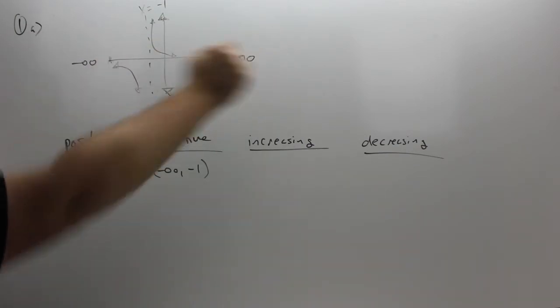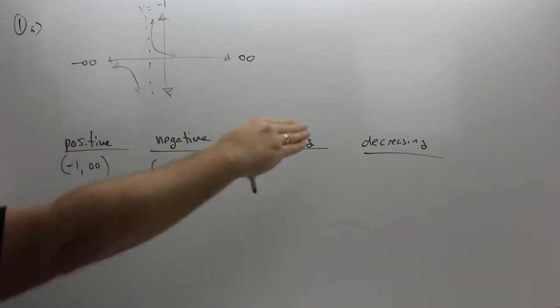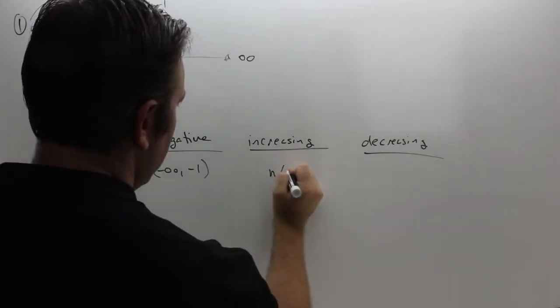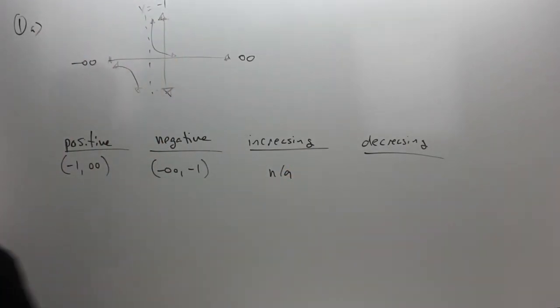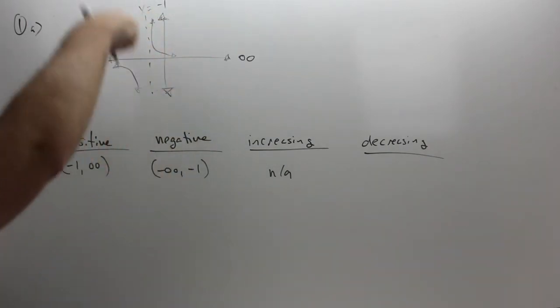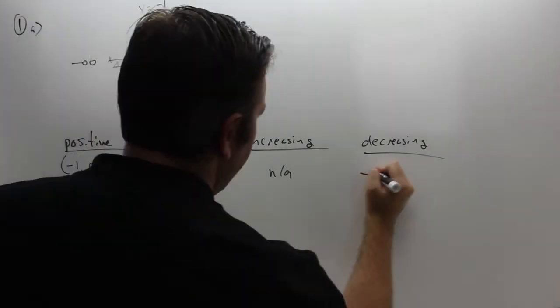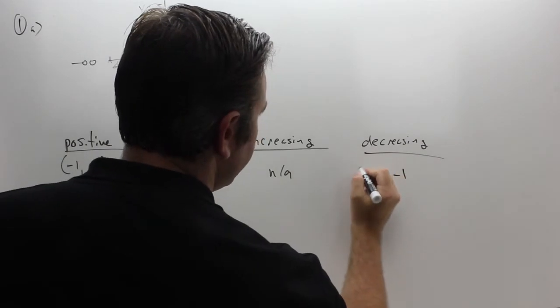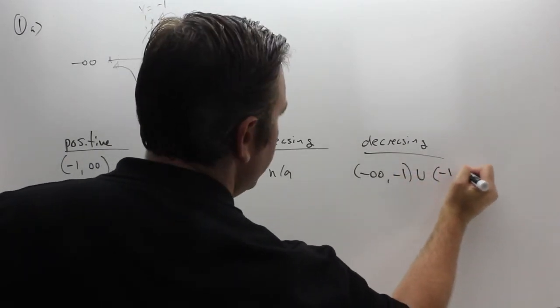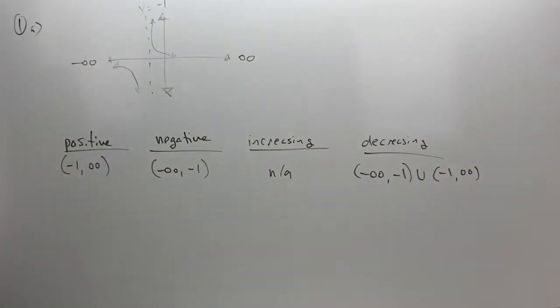So it's never increasing, it's always decreasing. Except for, we can't just say negative infinity to infinity because it's not doing anything at -1. So it's actually from negative infinity to -1, or from -1 to infinity. Just like that. So that's number 1A.